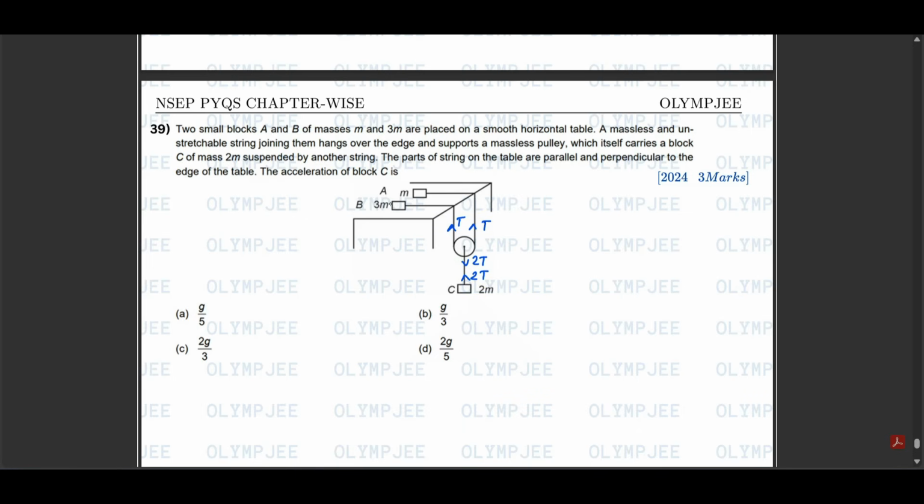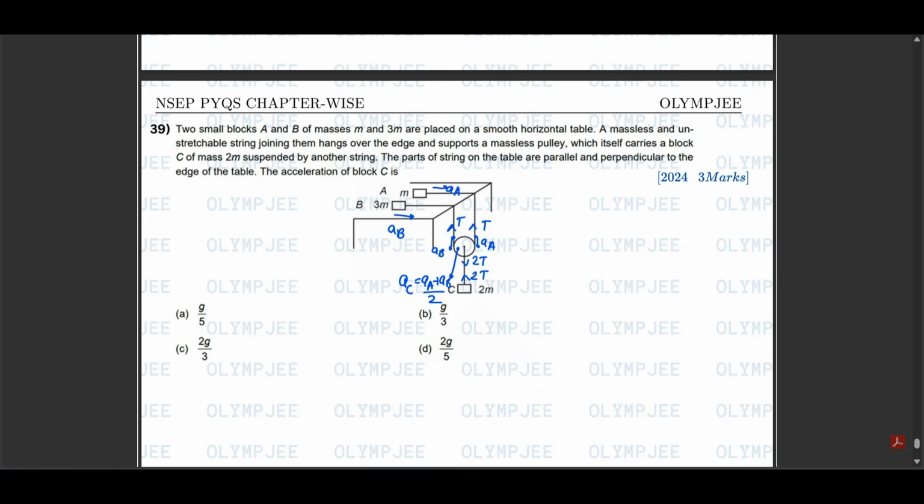And also if this is moving with AB and this is moving with AA, so this point would also be moving down with AB and this would be moving with AA, and the acceleration of pulley is the average of the acceleration of the strings. So AC would be equal to (AA plus AB) by 2. This is a standard result which we can obtain using constraints.